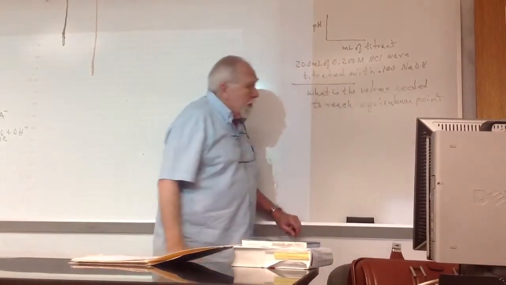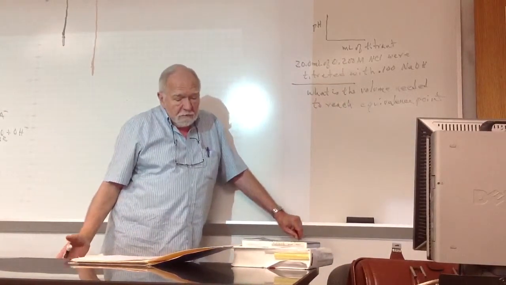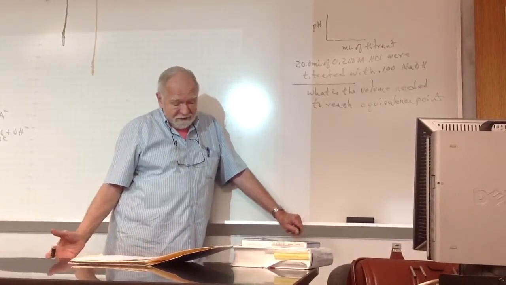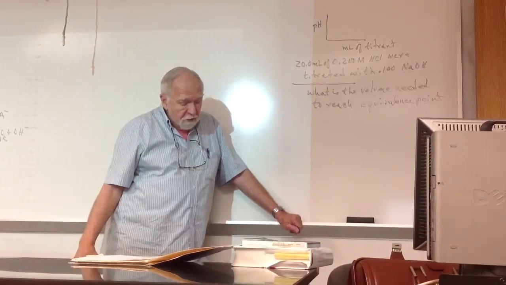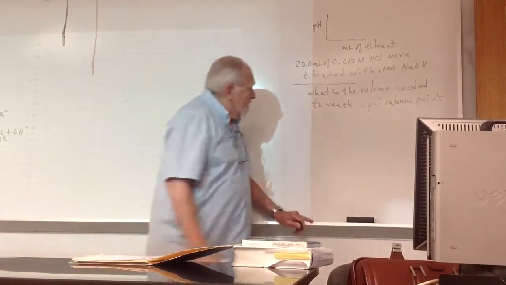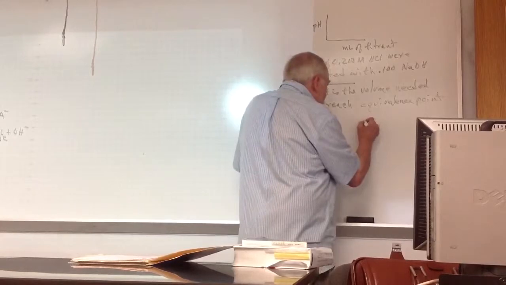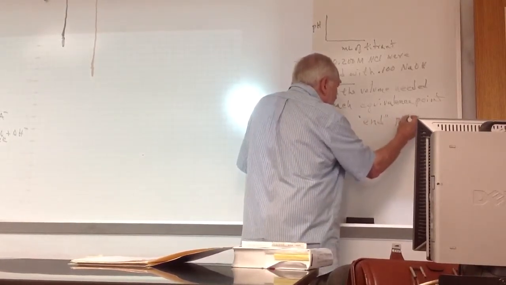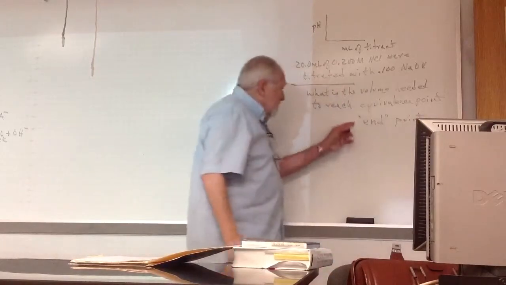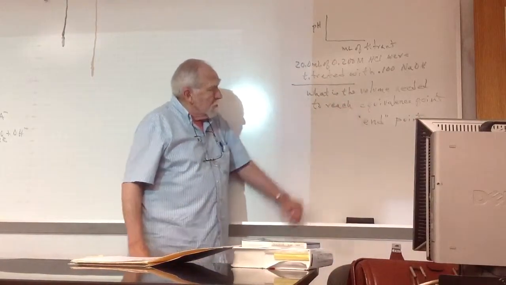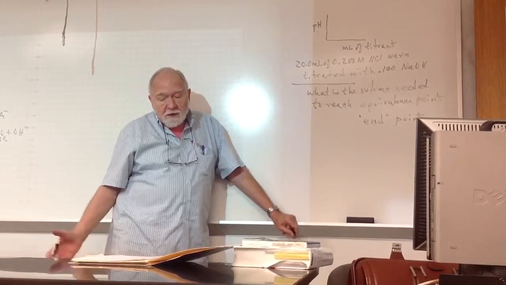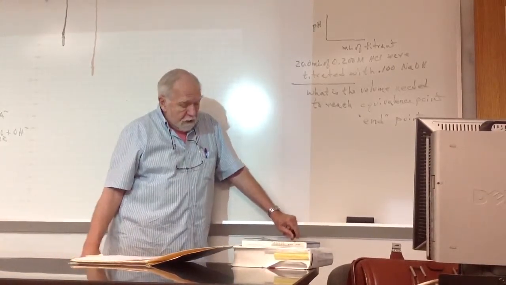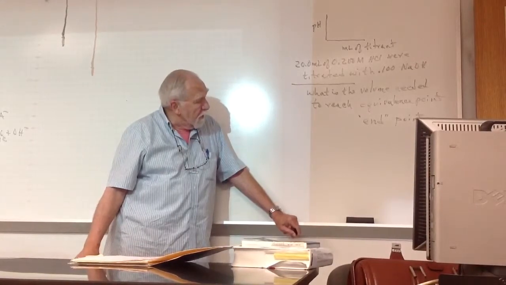Now the equivalence point is the theoretical point where you've added equivalent or stoichiometric amounts of both reactants. The equivalence point is the theoretical number that we can calculate just by doing stoichiometric calculations. So that's the theoretical number.